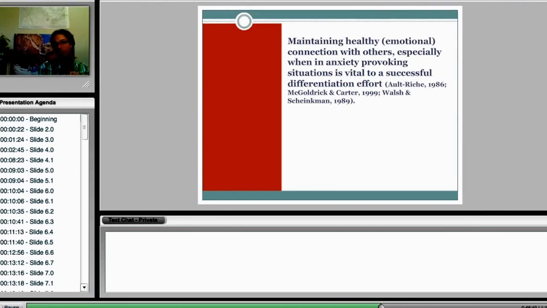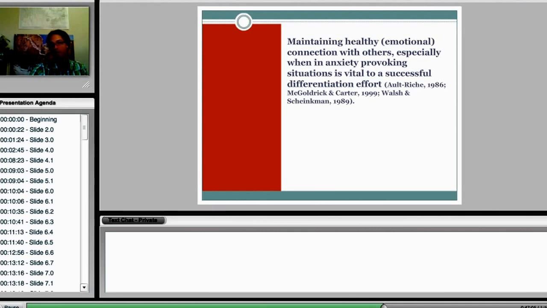In fact, research shows that a level of physical distance while being emotionally connected is the best environment for increasing the level of differentiation. What happens otherwise is one can create and recreate those patterns in a way that interferes with the differentiation effort. So the emotional connection is important. Physical connection is not necessary, and many times can interfere with true efforts to differentiate.